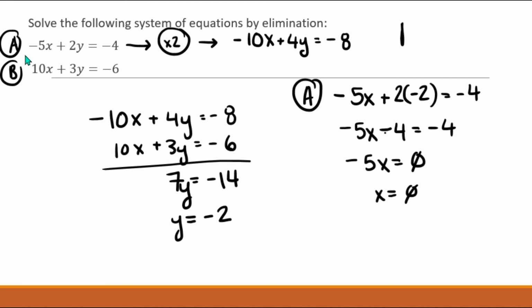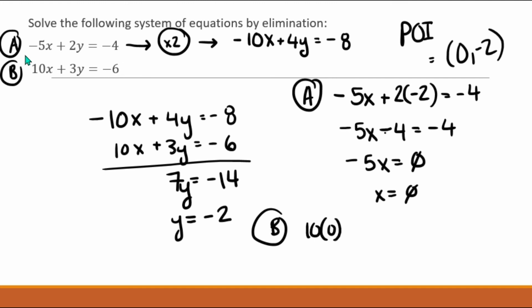So I think my answer, the point of intersection, the solution to this set of equations, will be (0, negative 2). But I better check. I will check it in equation B because I just used equation A to find x. So is 10 times 0 plus 3 times negative 2 equal to negative 6? Is 0 minus 6 equal to negative 6? Yep. Equation solved.